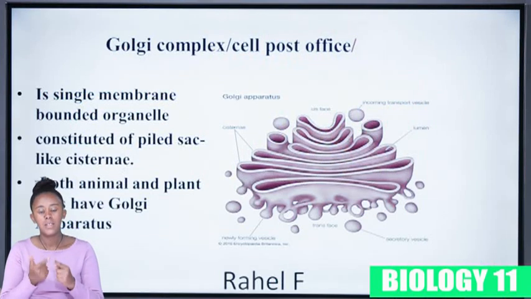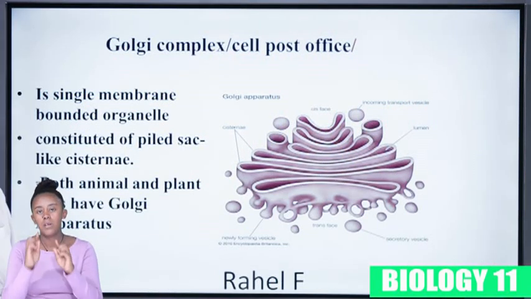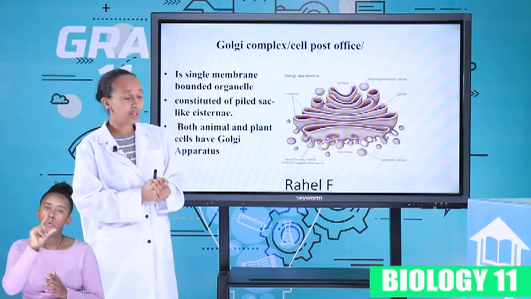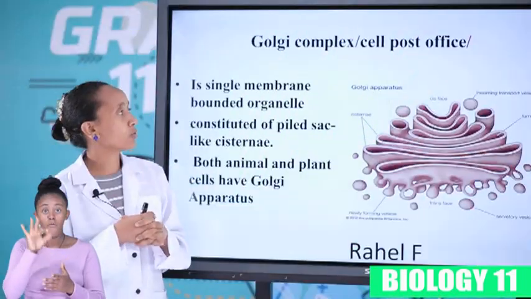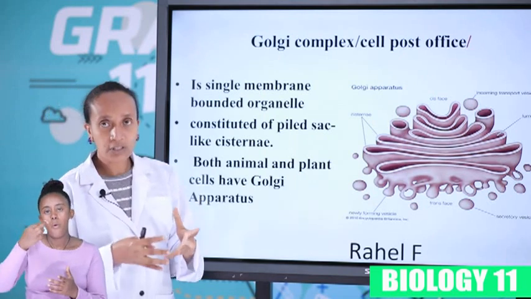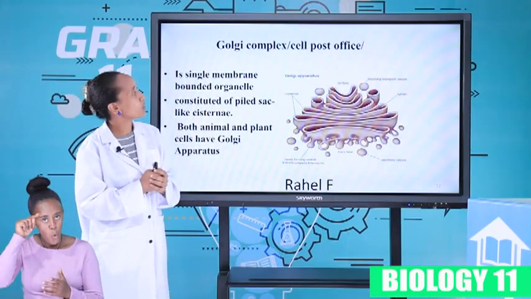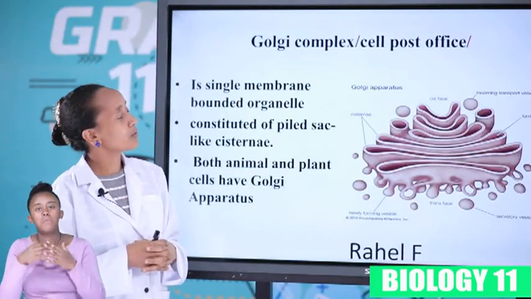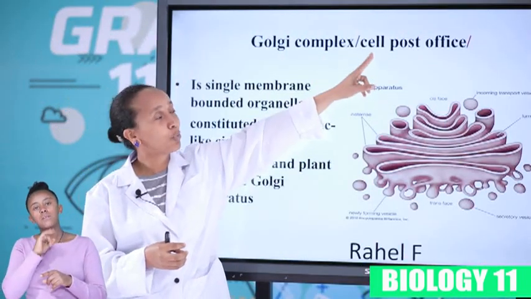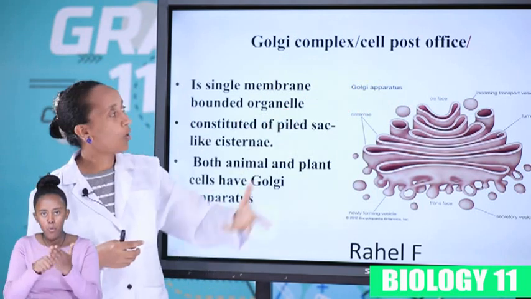The next structure that we are going to see is Golgi Complex. Golgi Complex, the name is derived from the founder of the organelle, Camillo Golgi. For that reason, it is known as Golgi Complex or Golgi apparatus. Golgi Complex is also considered as the cell post office. You know why?